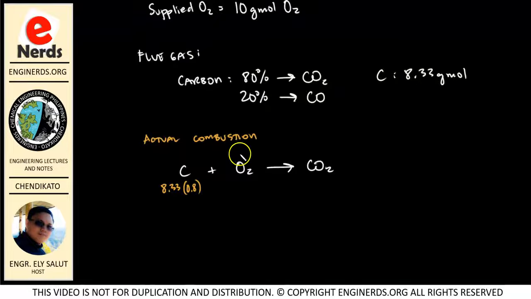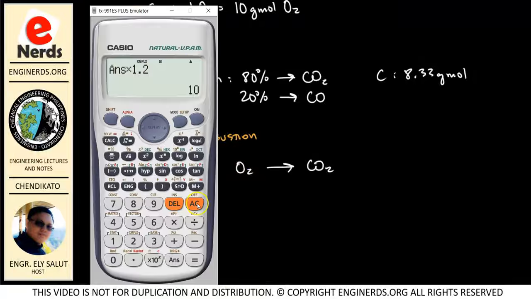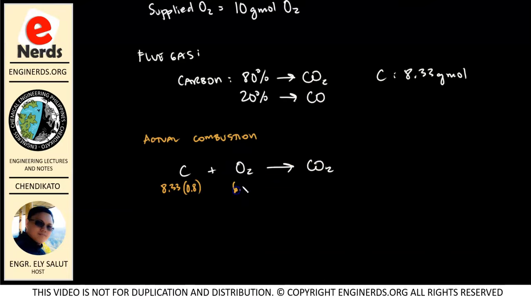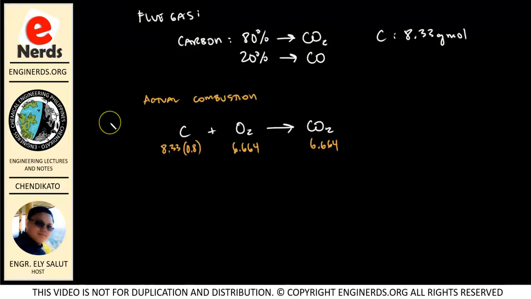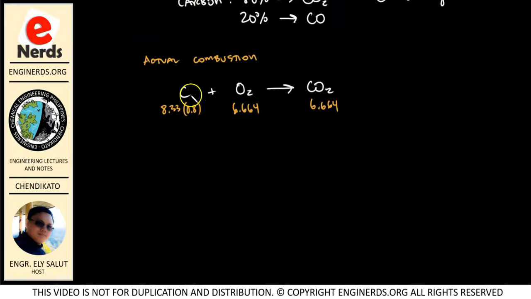So, since 1:1 tayo, ano ba yung 8.33 times 0.8? This is equal to 6.664. So, our O2 here is 6.664. And our CO2 is also 6.664. Dahil 1:1 tayo.